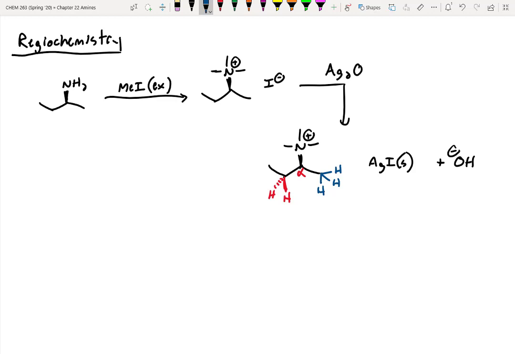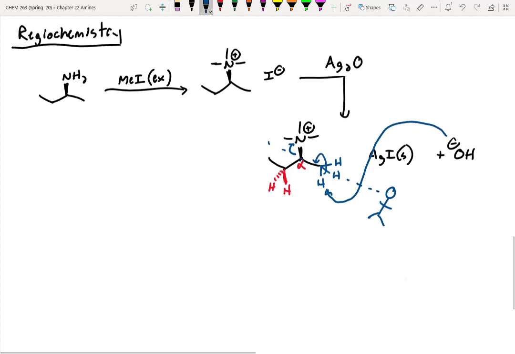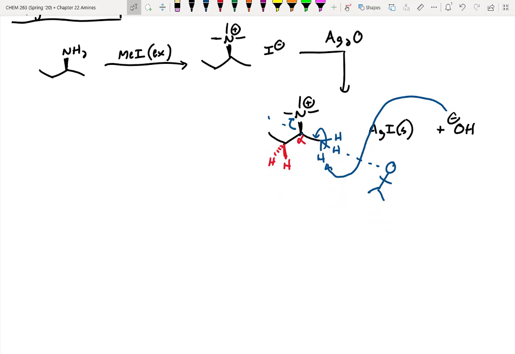So let's determine why. We know just from the name it's likely going to go after that, but let's draw this a little bit differently. In order to do this, imagine looking down this bond. So we'll do that Newman projection.